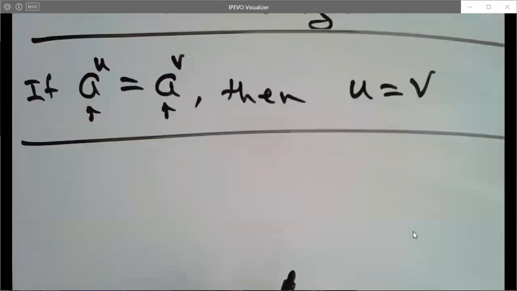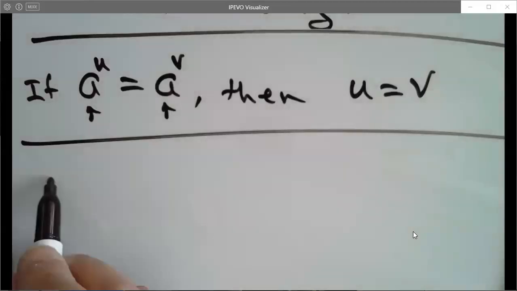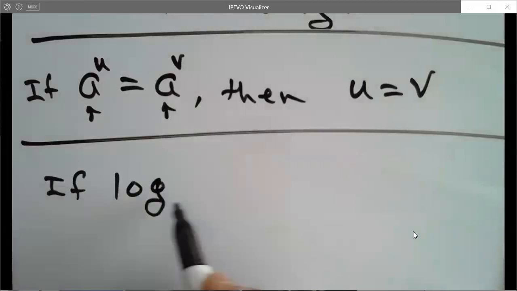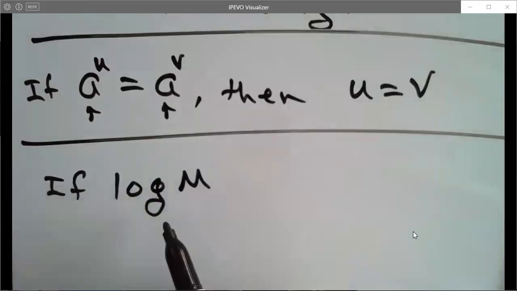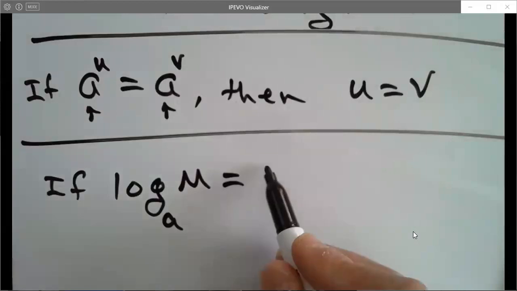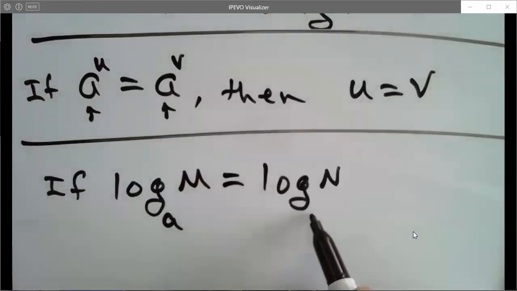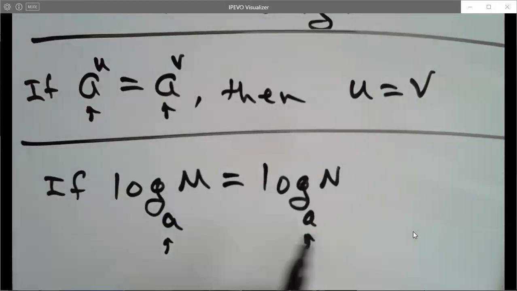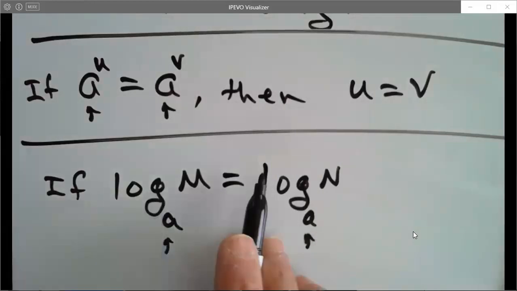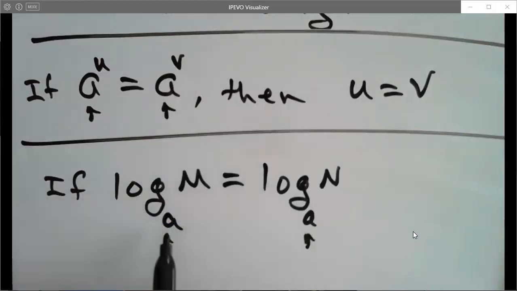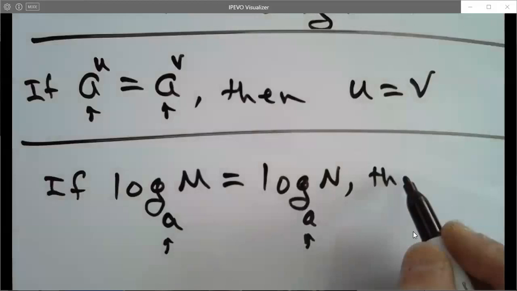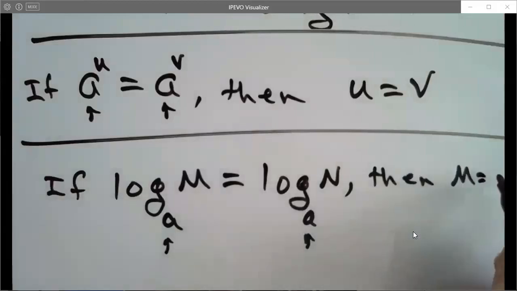Now what we're saying in the property of logarithms is that if log m base a equals log n base a, so the bases to our logarithms are the same and we have a logarithm on either side, then we can say m equals n.